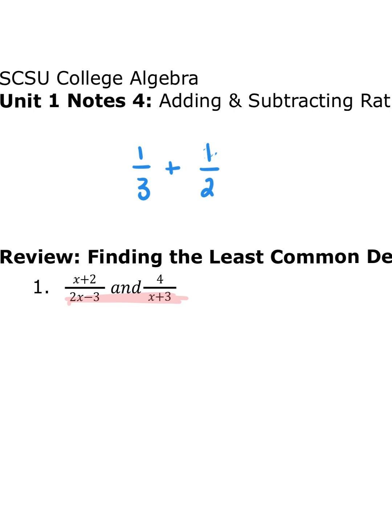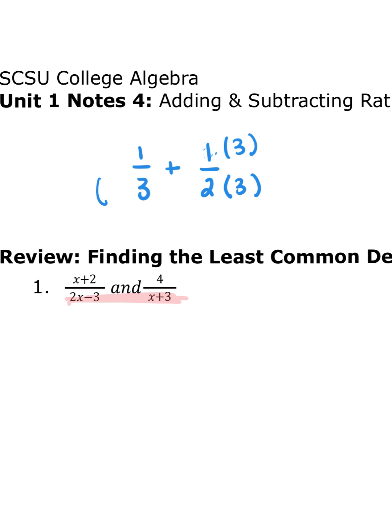So what we would do is we would think to ourselves, okay, what number do I have to make the denominator look like so that I can combine them together? Or what factor do 2 and 3 both go into that I can make it look like so that I can add them together? So I'm going to multiply this side by the opposite number over there, by 3, and whatever I do to the bottom, I have to do to the top.